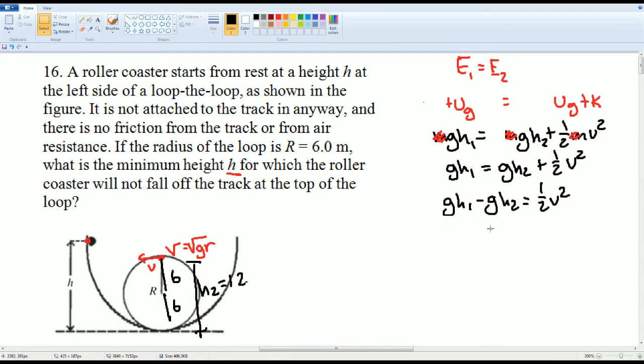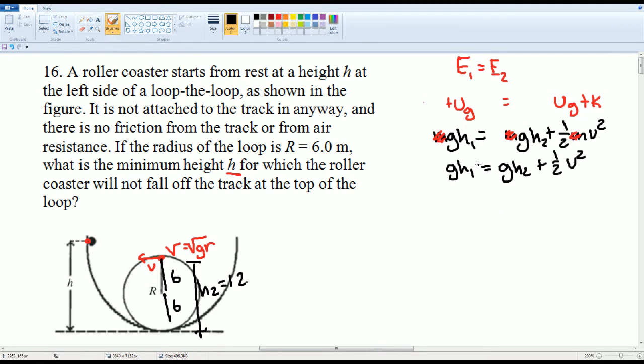I have height 2. Let's go back here. I want height 1, right? So h1 equals to gh2. Wait, hold on. I have this. Let's just go back. I have this.